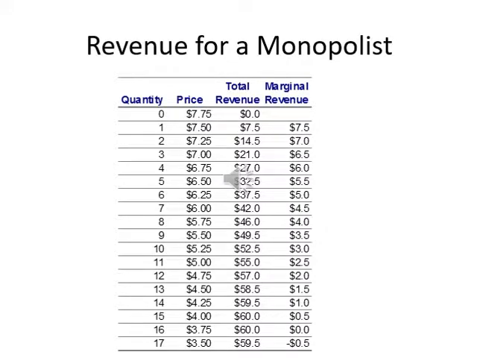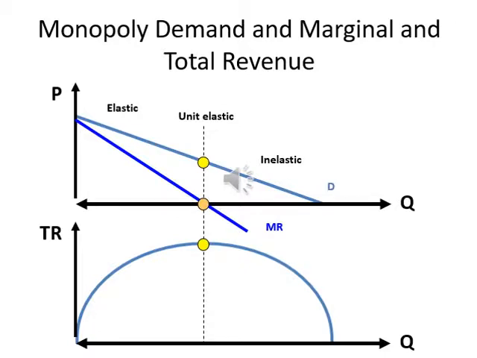Revenue for a monopolist, cont'd. Monopoly: demand and marginal and total revenue.